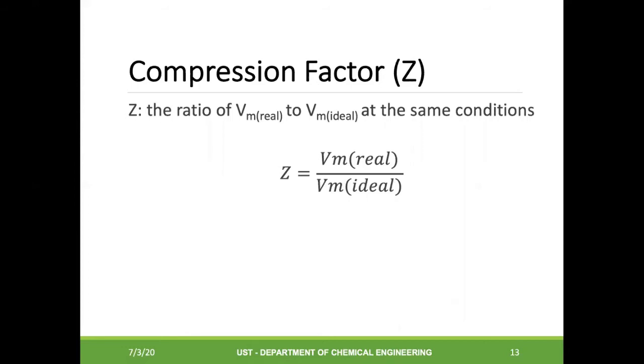However, if Z is greater than 1, repulsive force is dominant. The molar volume of a real gas is greater than that of an ideal gas under similar conditions, and the gas becomes less compressible.